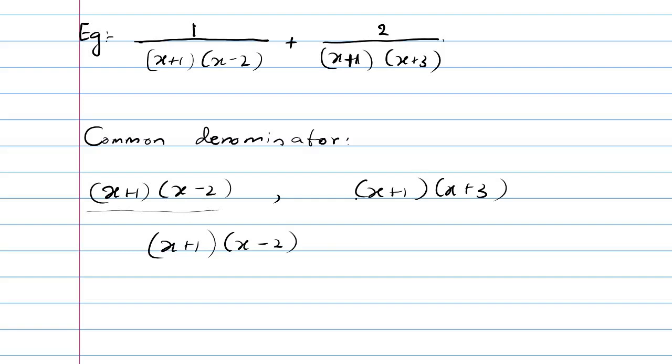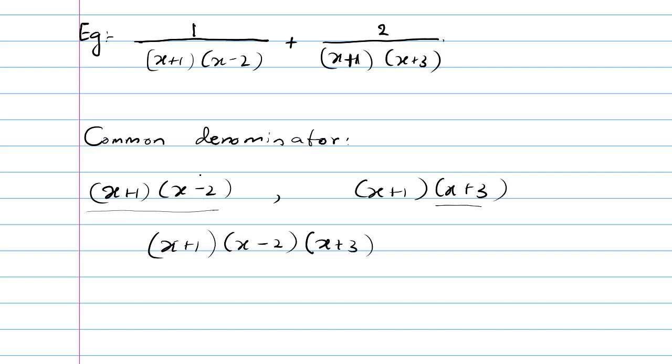But on the right hand side, we again have x plus 1. You're not going to duplicate any of these x plus 1s. If we have x plus 1 already in our common denominator, just leave that out. And then look at this one. This is x plus 3. So that's a new factor, so we have x plus 3.